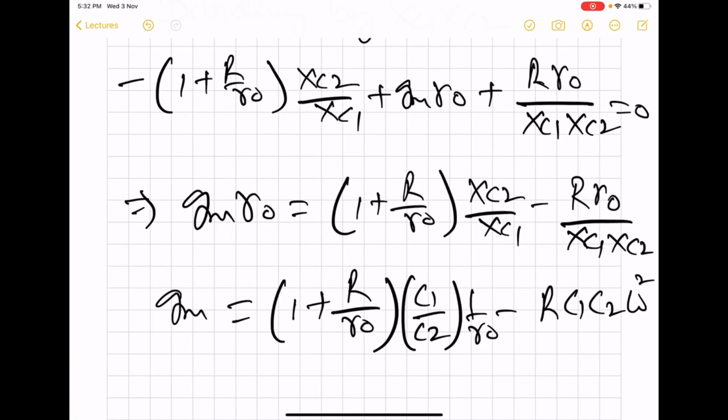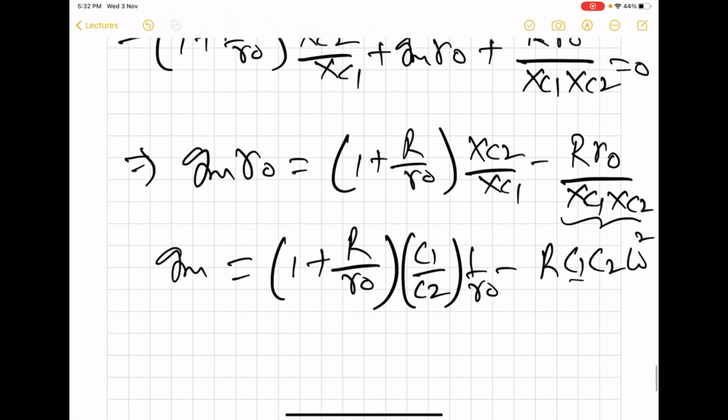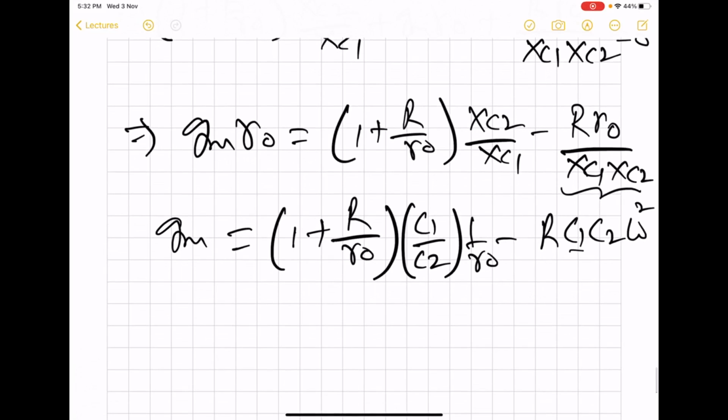So here this will contain omega square as well, the operating frequency. So this is the transconductance required for the MOS at the oscillation. And this will become plus sign.